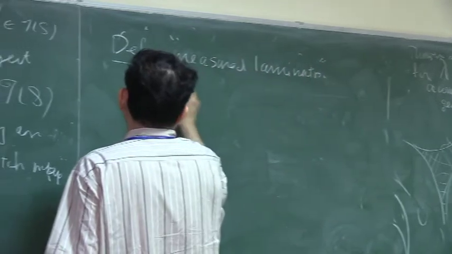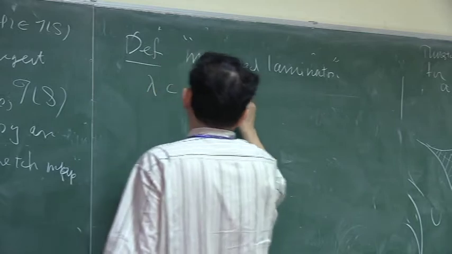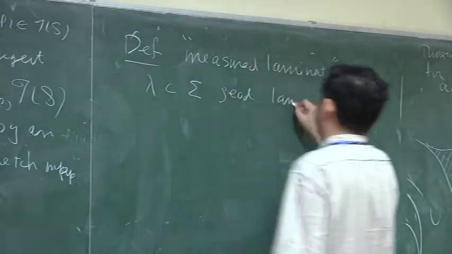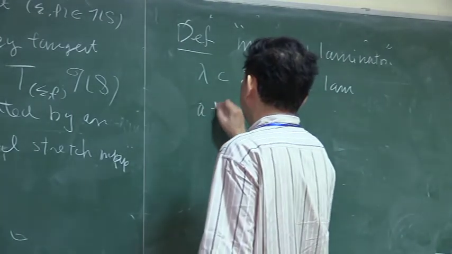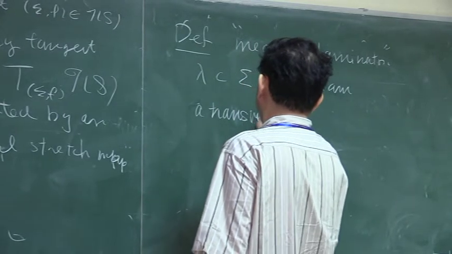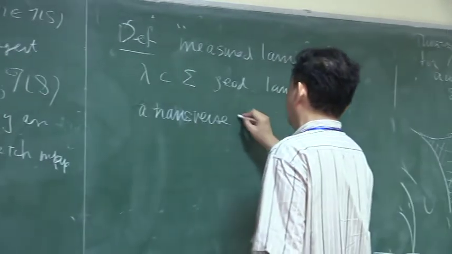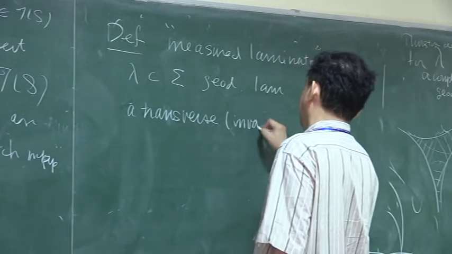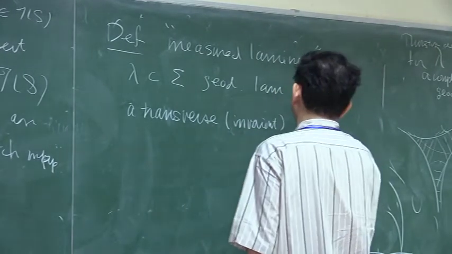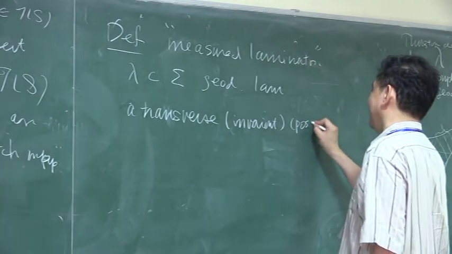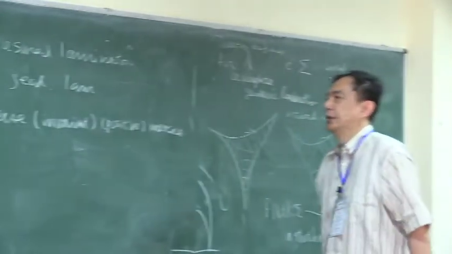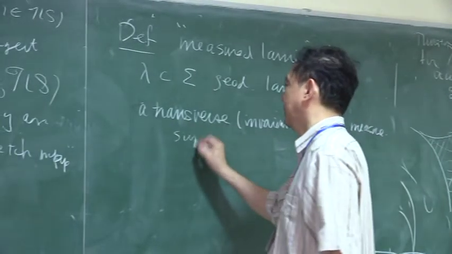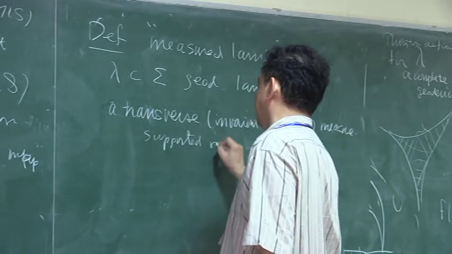So we consider lambda, which is a geodesic lamination on sigma, and we consider a transverse measure. Sometimes we call it an invariant measure, a positive measure supported on lambda.